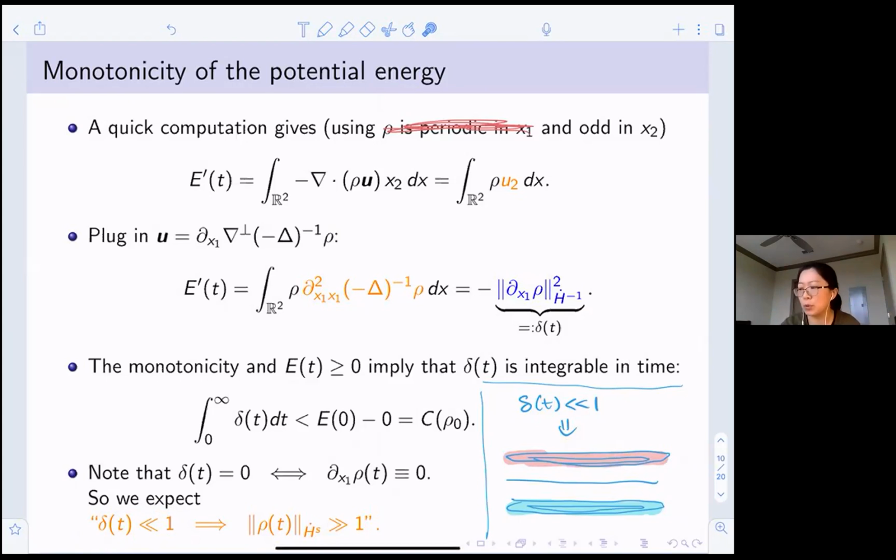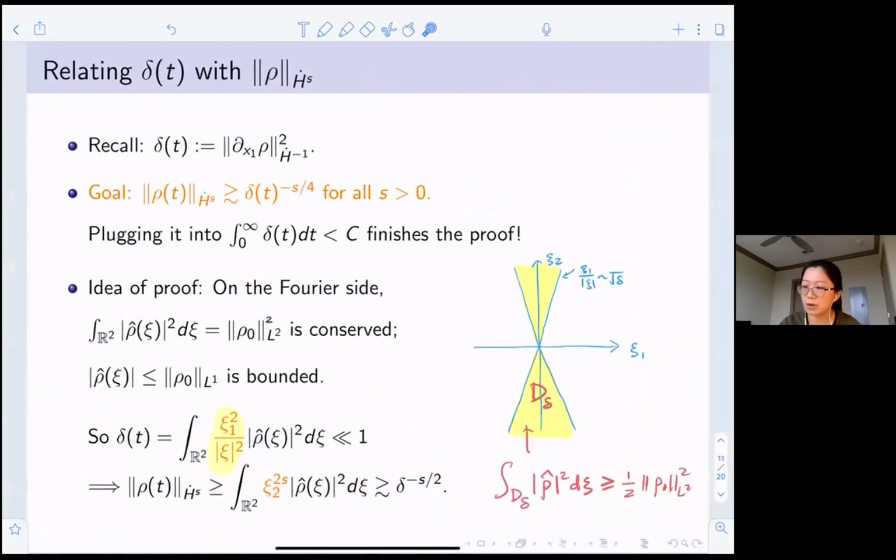Right, so we want to show that at any moment, as long as delta is tiny, it has to mean that at this moment, the HS norm of rho s has to be huge, right? So that is the argument that we want to show, and which is actually doable on the Fourier side.